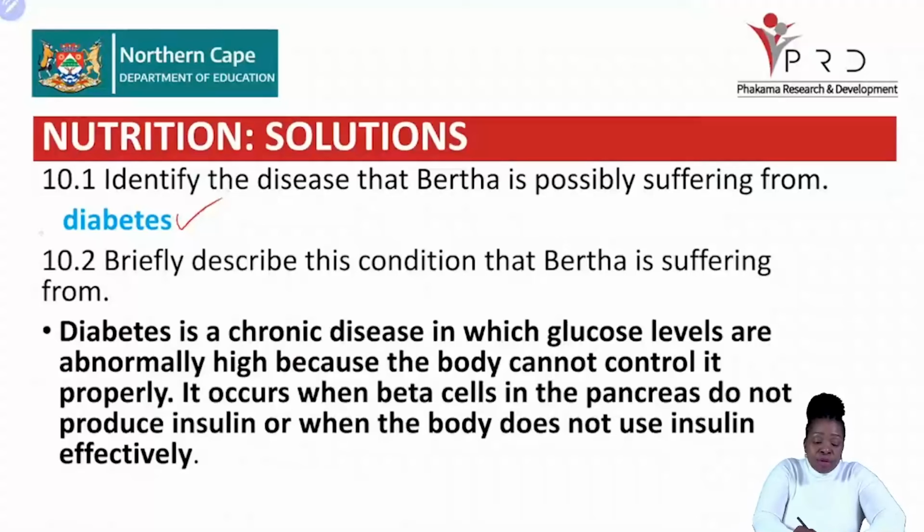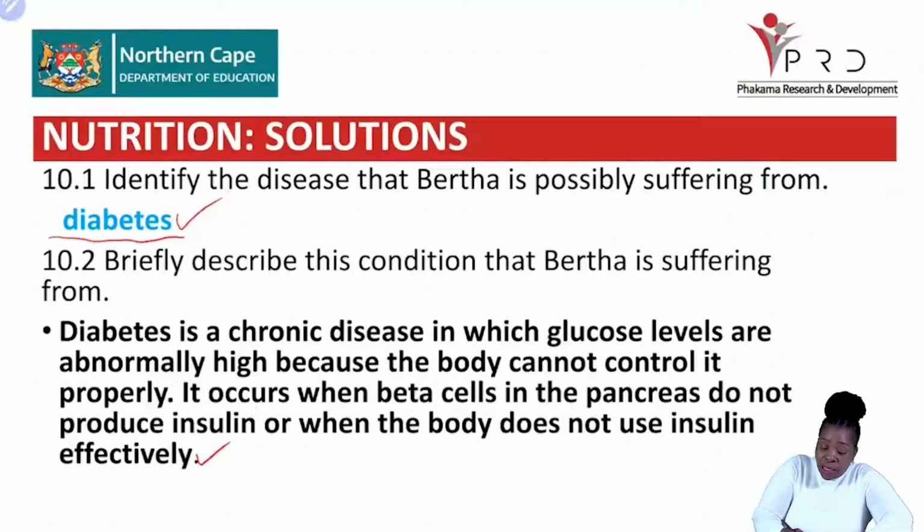So we are supposed to describe diabetes. Diabetes is a chronic disease in which glucose levels are abnormally high because the body cannot control them properly. Diabetes occurs when beta cells in the pancreas do not produce insulin, or insulin is produced but the body does not use insulin effectively.